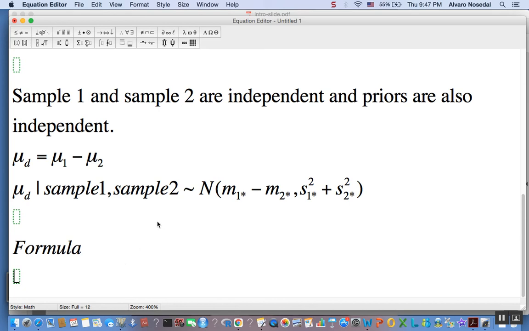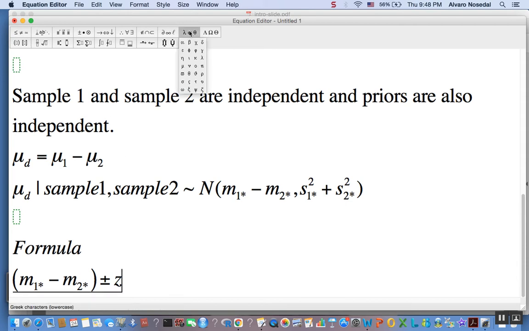We would have this guy plus or minus a critical value from a normal 0, 1, so let's find a critical value that has an area of alpha divided by 2 to its right and to its left, times the standard deviation.